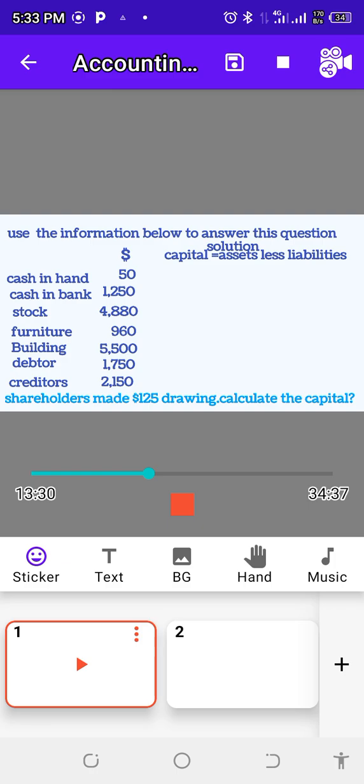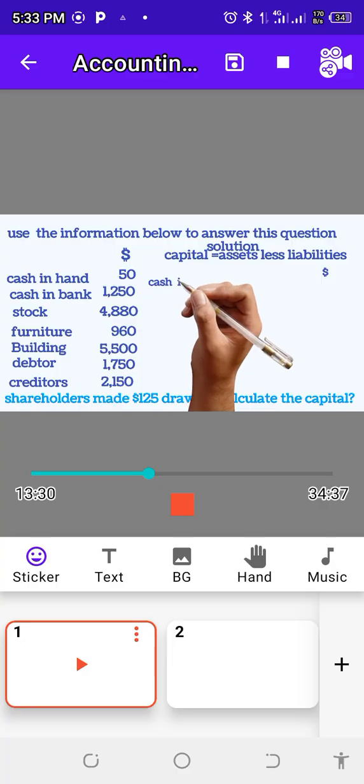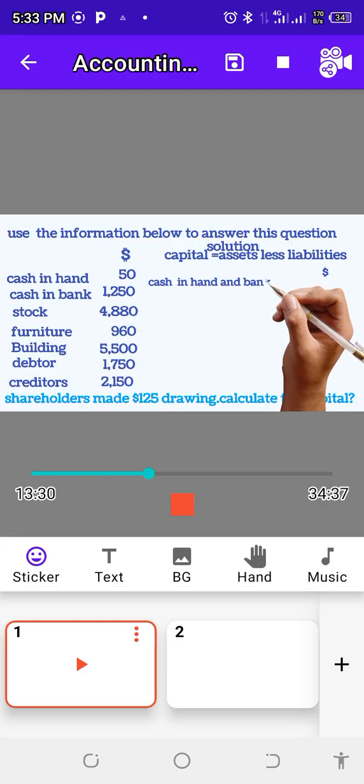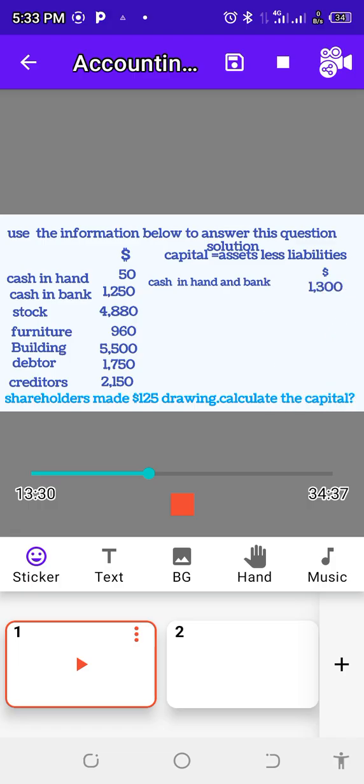Whether current asset or non-current asset in the question, we sum them. And the only liability I'm seeing there is creditor, which is $2,150. Cash in hand and cash at bank, we sum them together because of space, and we have 1,300. That is 50 plus 1,250. The next thing is stock.